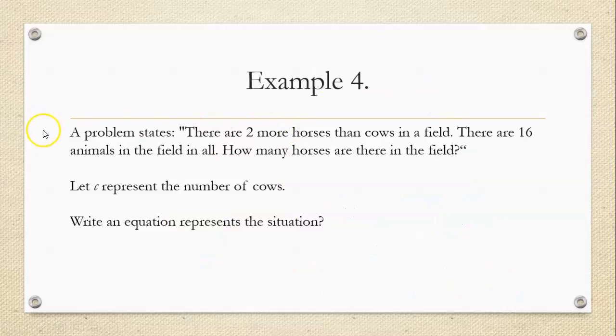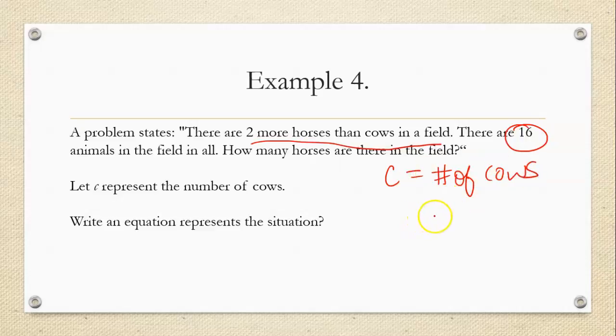All right, example 4. So this is one that's very similar to what you've seen in your course. We've got to work our way through it. There are 2 more horses than cows in a field. There are 16 total animals. How many horses? So we know C is the number of cows because it tells us that.